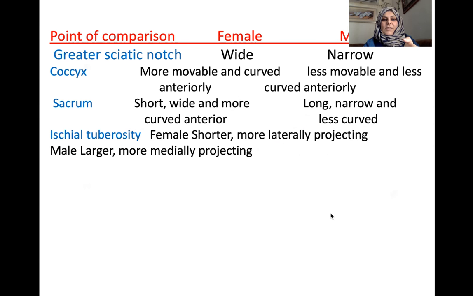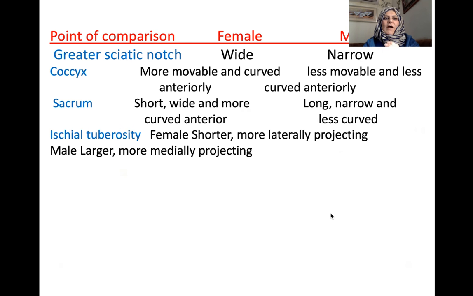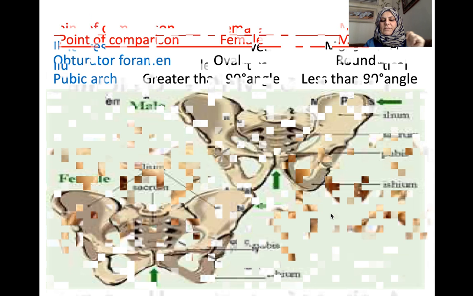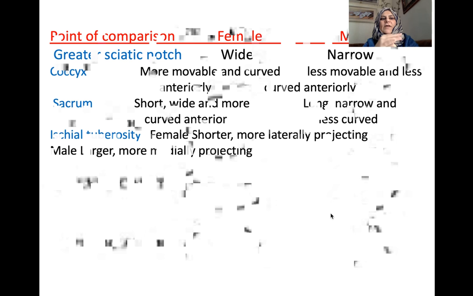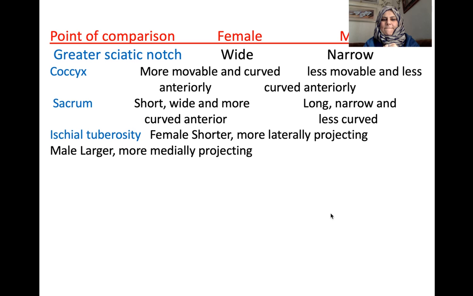The sacrum bone: in the male it will be narrower, while in the female it is wider. The concavity of the sacrum also differs from male to female.